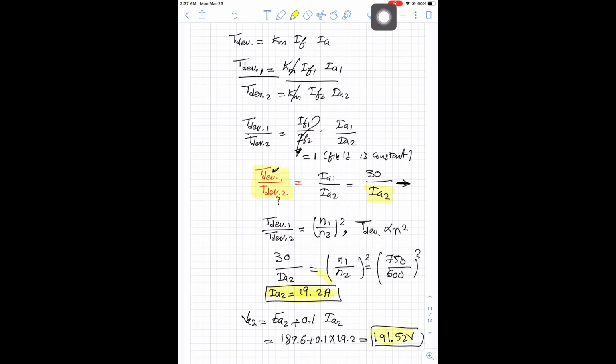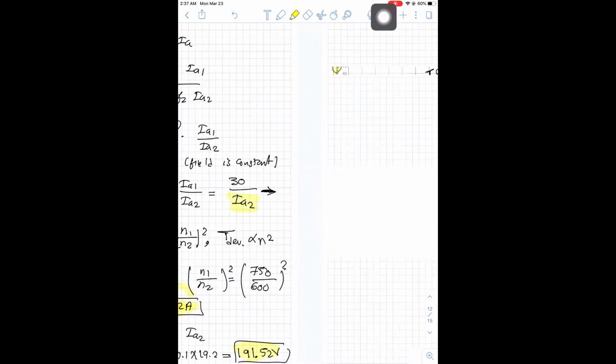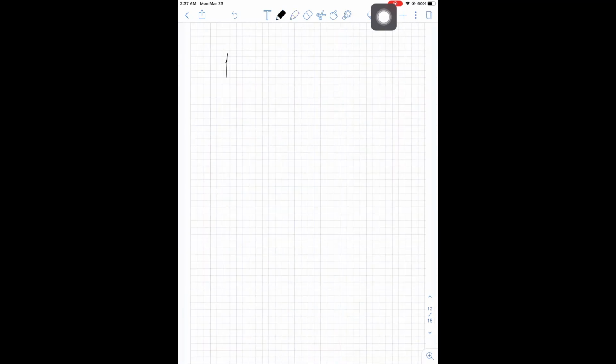Now to summarize this, let's add one page here. We had a DC motor, we had a field, we have the armature here, and this motor has EA, and this motor is coupled to a fan.